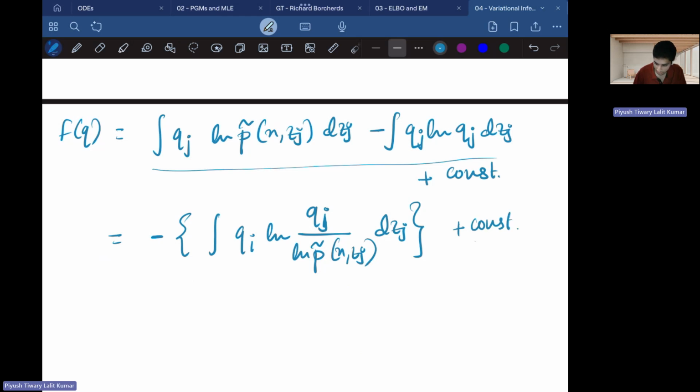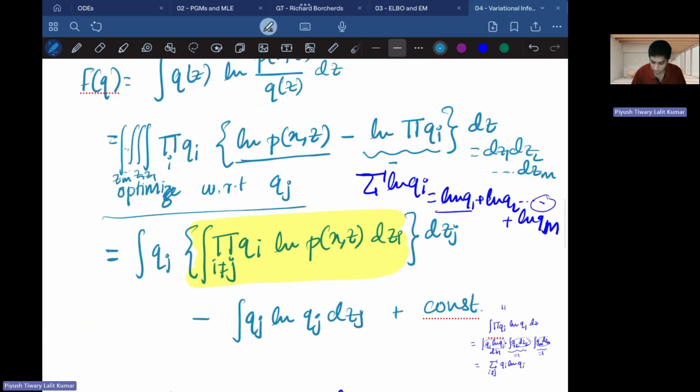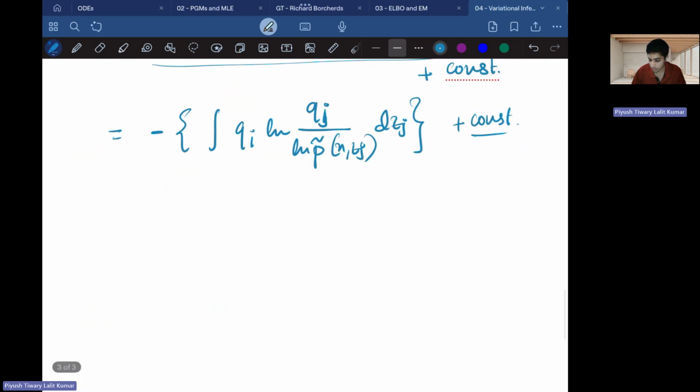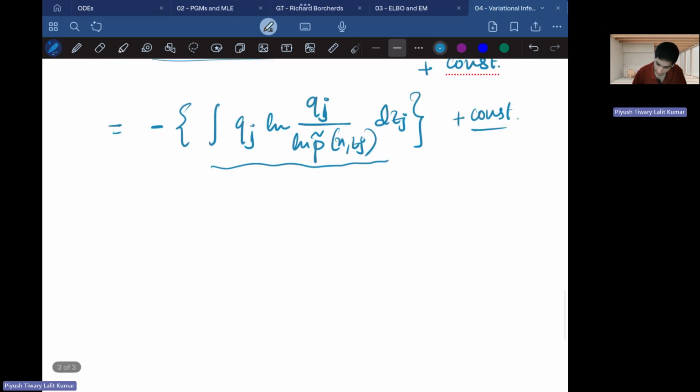Why is this a constant? Because it doesn't depend on z_j, and right now we are just trying to optimize with respect to q_j. So we are only concerned with terms that involve q_j, and the rest of the things we are not concerned about.